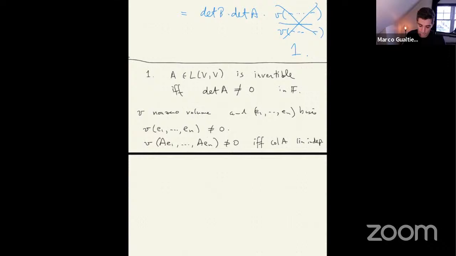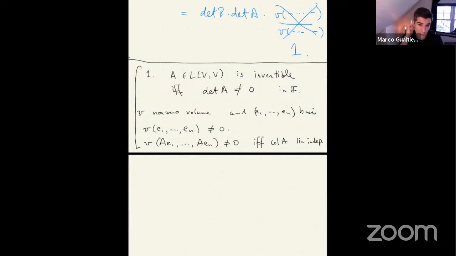So, anyway, suffice it to say for today that the determinant determines whether a certain linear transformation is invertible or not. And the way that it does that is that it measures how volumes change when you apply the operator.